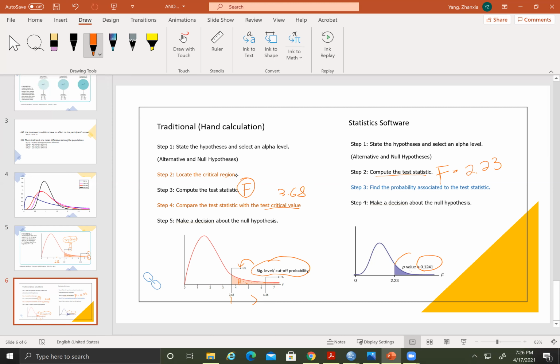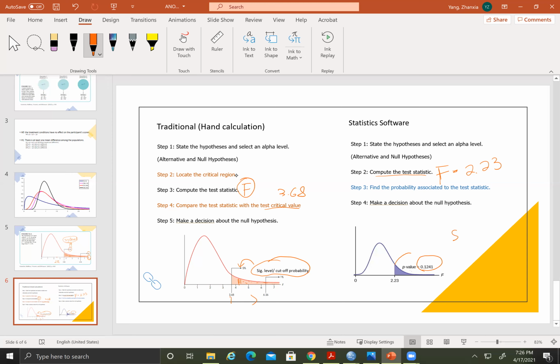All you need to do is see if this is greater than the cutoff probability, which is the significance level. In most cases we use 0.05, just to see if it's greater than 0.05 or less than 0.05. And in our case, this is definitely greater than 0.05.